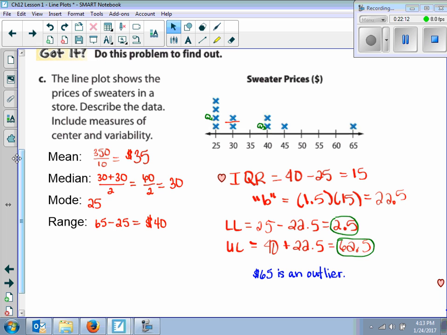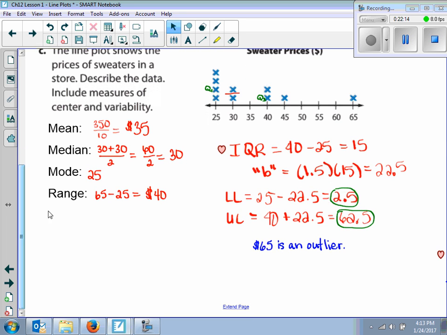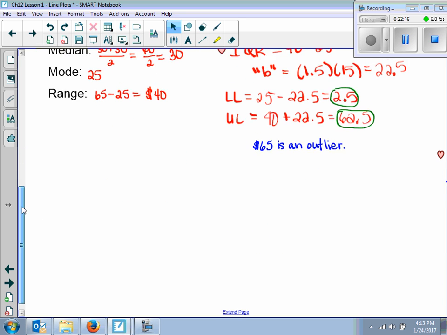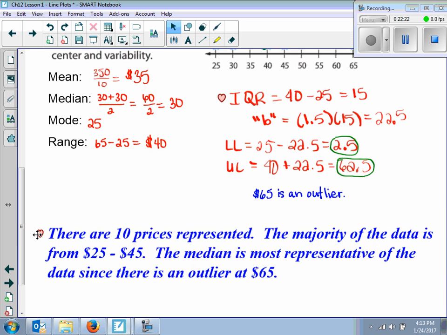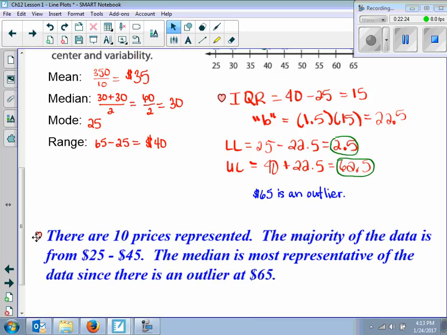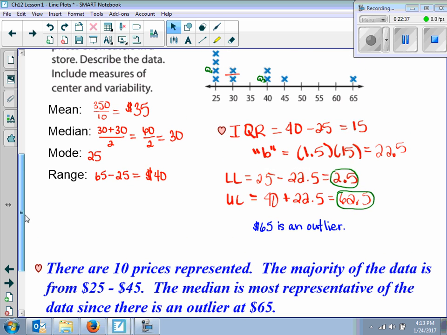So now we want to describe the data using that information. Pretty much when you describe the data, you're just summarizing what you have. Okay? So here there are 10 prices represented. The majority of the data is from 25 to 45.